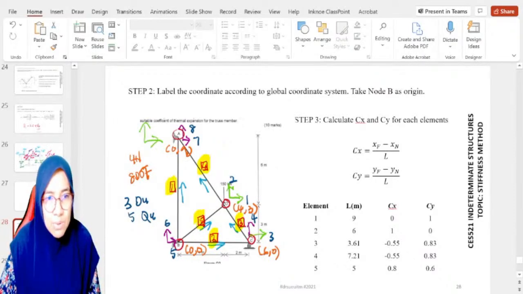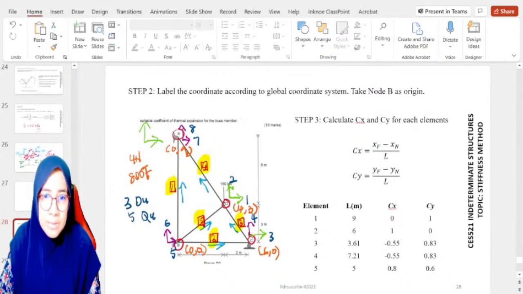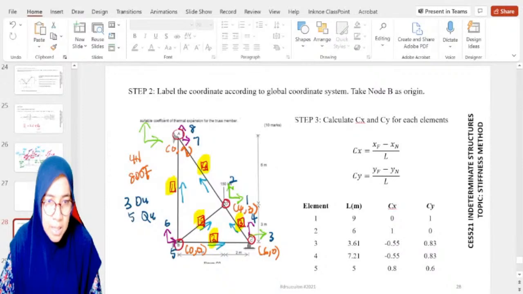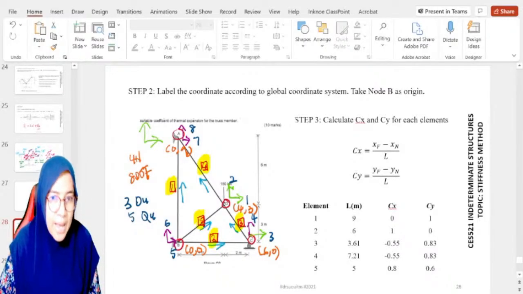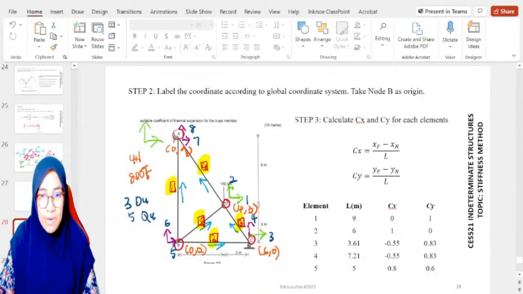So we get negative 0.55. For Cy, it is 3 minus 0 divided by 3.61, so we get 0.83. We do the same process for element number 4 and element number 5.